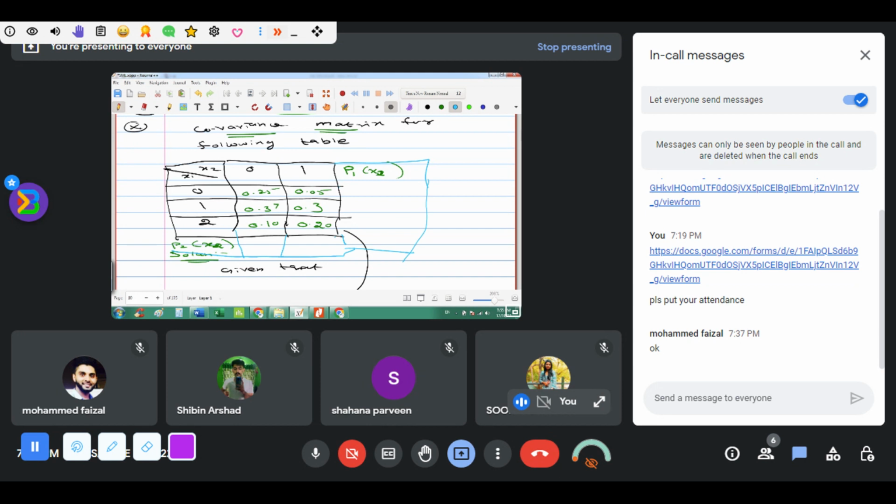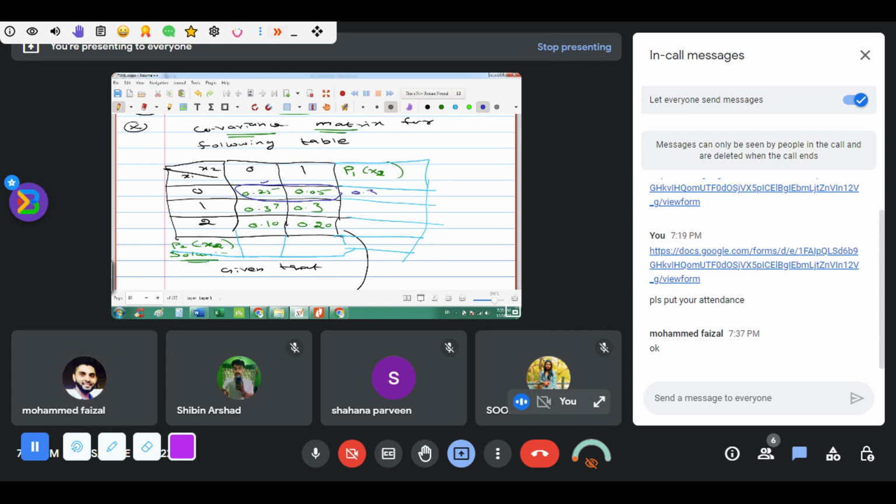Then what are the values here? First row, what is the sum? Second row, what is the sum? Sum means only add the probability values, not the 0 or 1. 0.25 plus 0.05, how much? 0.3.